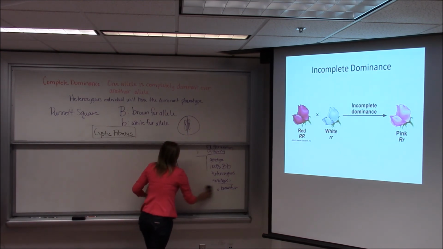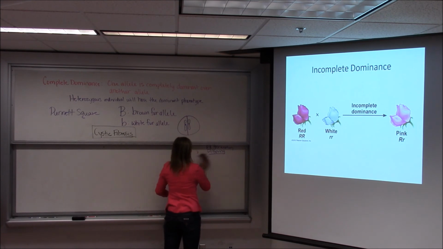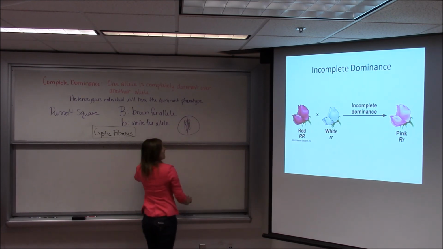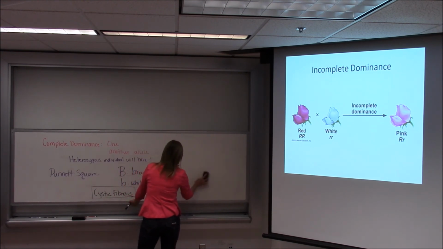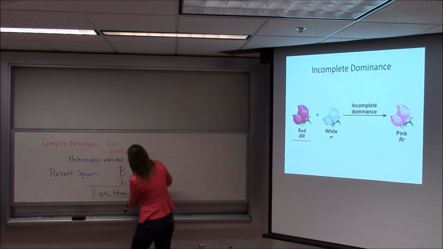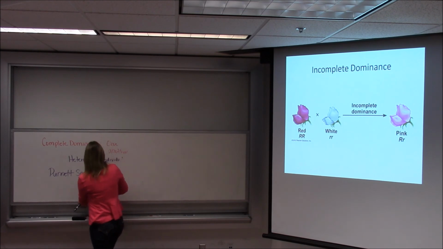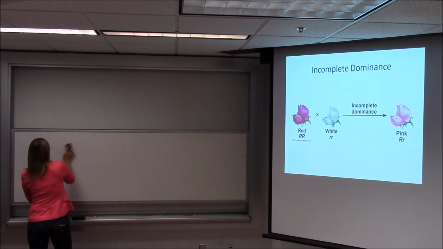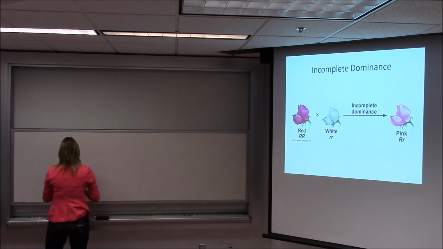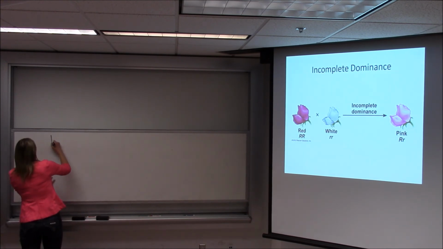If that offspring was red, then we would know we were looking at complete dominance. But those offspring have a phenotype that is intermediate. It's somewhere between the dominant and recessive phenotype. And that's what incomplete dominance is.